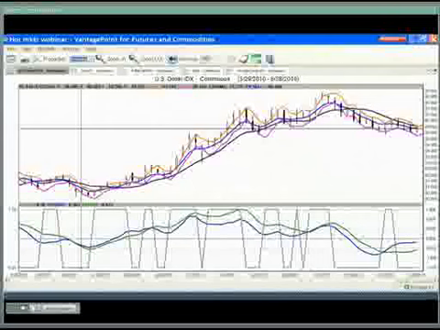What we're going to look at, as I mentioned, as our key point of entry or exit on some of these markets to get into position is the predicted high and the predicted low. The predicted high that you see is the bold line or the orange line. Take your pick as to what color you want to call it. That's a predicted high, and that's predicted for the next day.